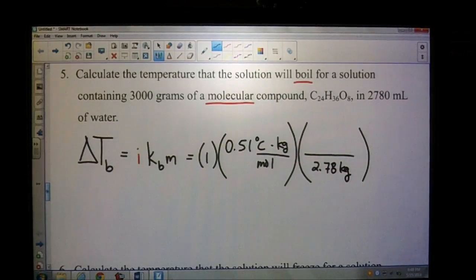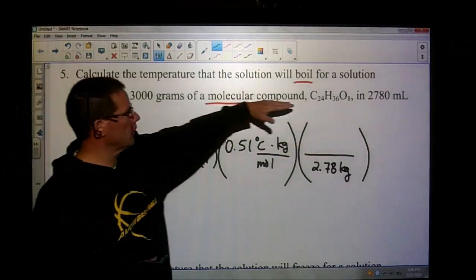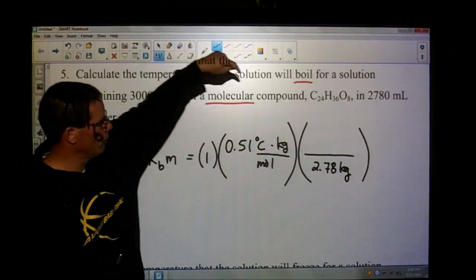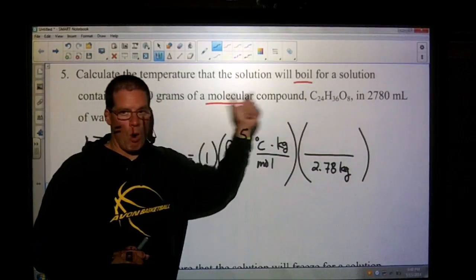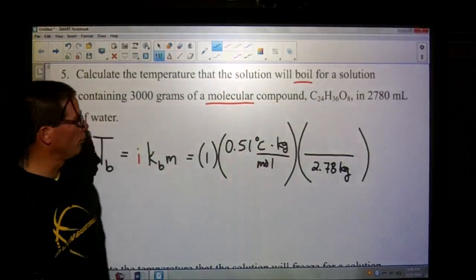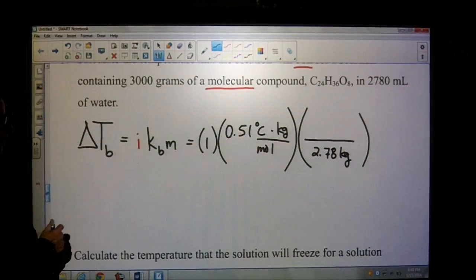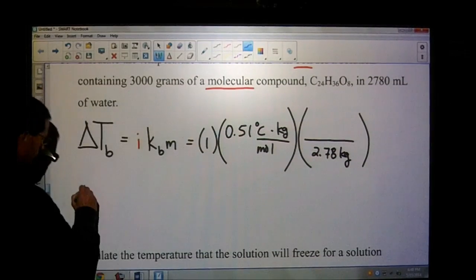And then we need to determine how many moles of this we have. So we have 3,000 grams of our molecular compound. Notice 3,000 grams of the molecular compound, not of water. So make sure you can differentiate between those two.